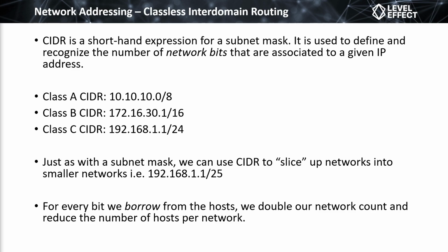So a good way to think about that is if you look at a /24, a class C address range, that accounts for 254 usable IPs, or 256 total IPs if you include the network ID and broadcast IP. So if I change that network to a /25, it would make 2 networks that are 128 IPs each.